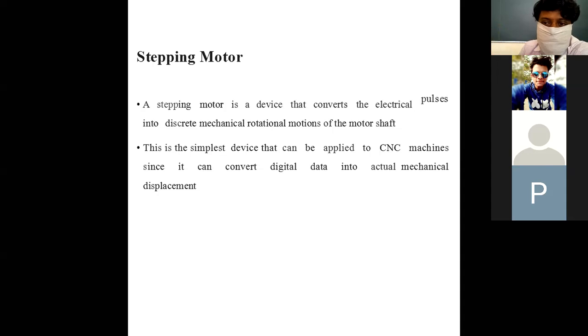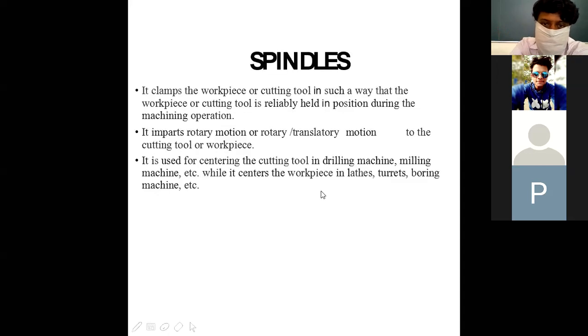So stepwise it is moving. This is the simplest device that can be applied to a CNC machine, since it can convert digital data into actual mechanical displacement. Normally it is used in CNC machines, robotic arms, like that.